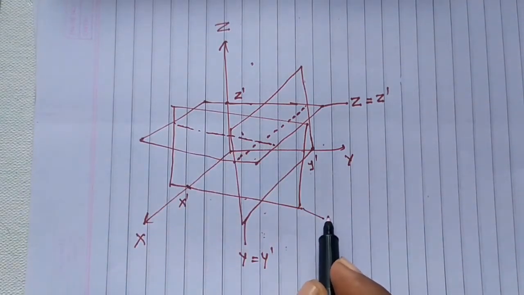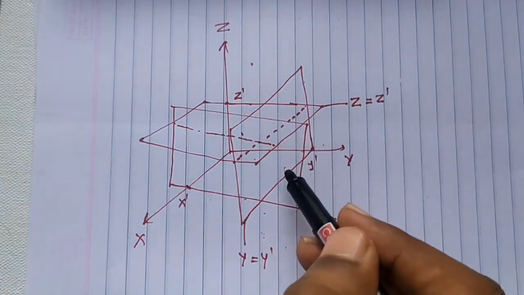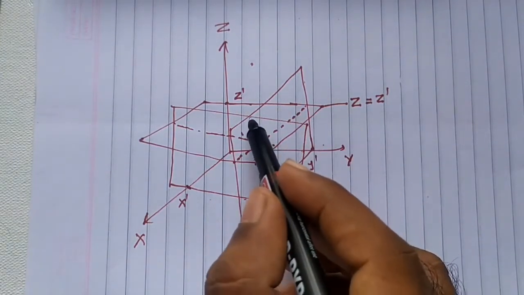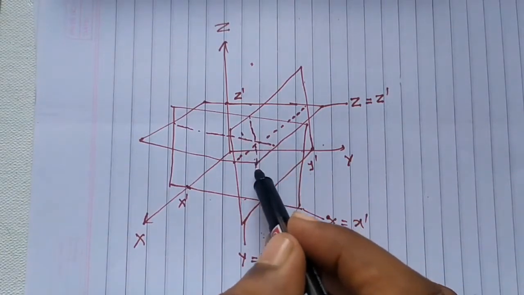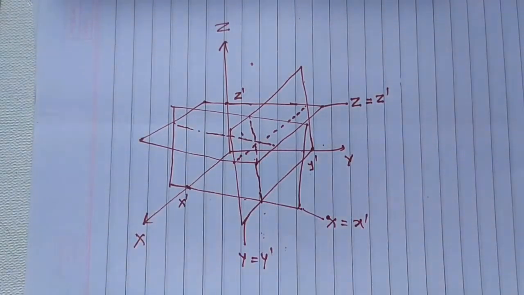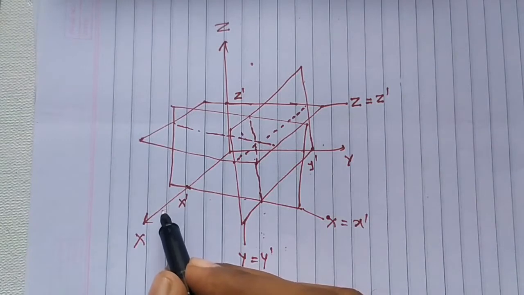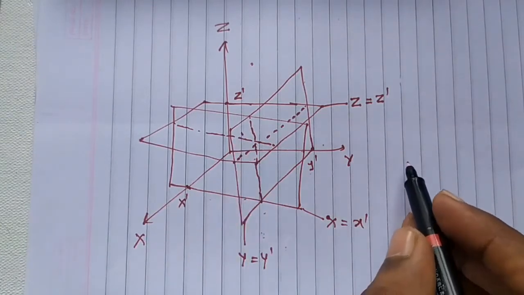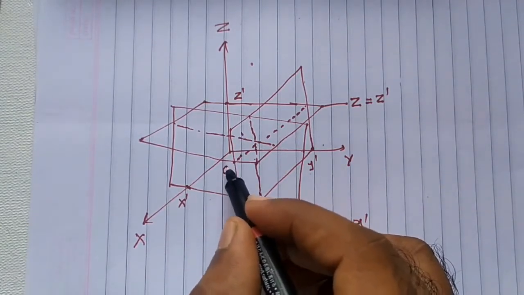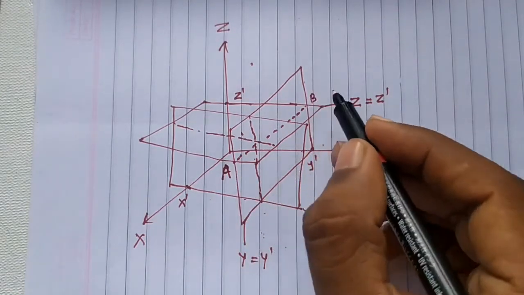We'll name this plane x is equal to x dash here, and it will intersect another face here, right? So these are coordinate lines. On one coordinate line, suppose I take this coordinate line which is parallel to x-axis, I will name it A, B.